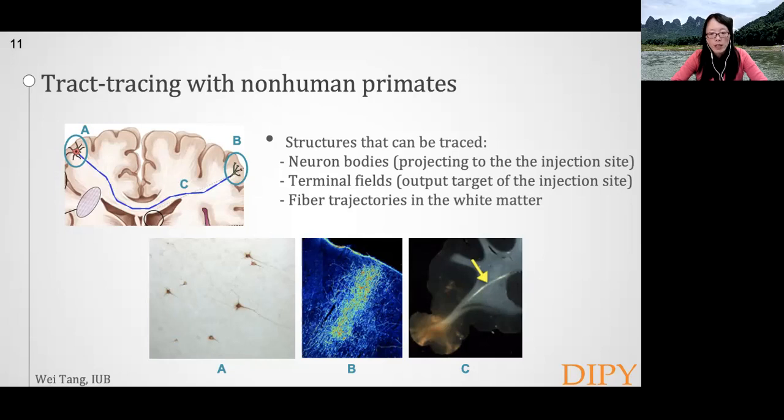These fibers tell us the relative position of the injection-specific connections within the major fiber bundles. Thus, a tract tracing experiment can provide very rich information regarding the connectivity of a particular injection. We can infer its input, its output, and the route of its connections.